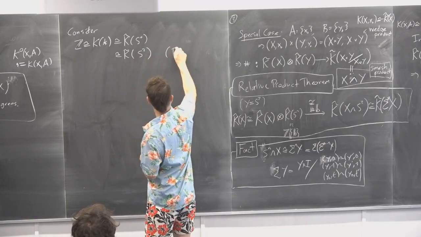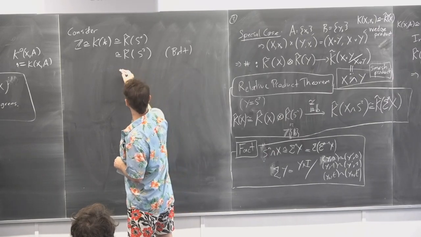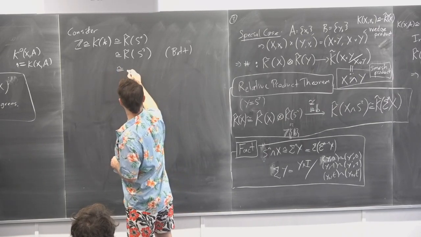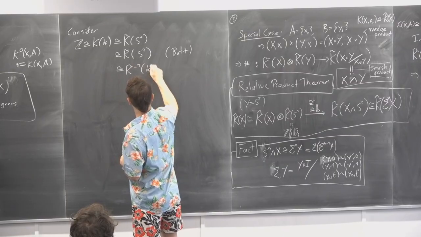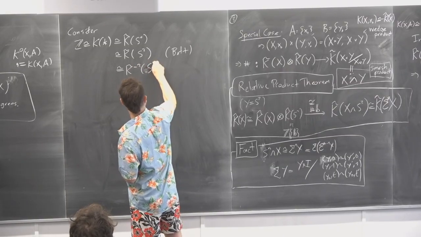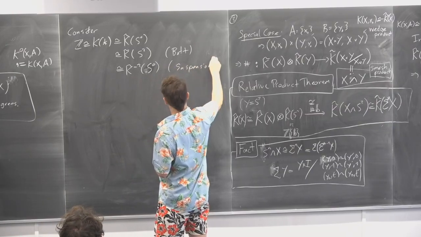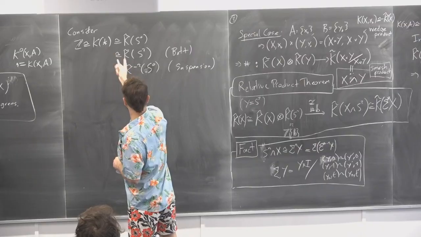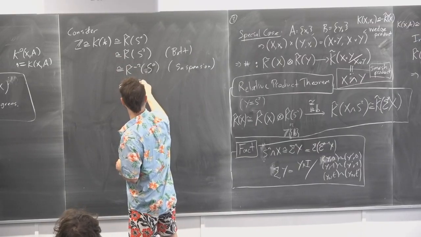So this is Bott, or rather the fundamental relative product theorem. And then with our suspension isomorphisms, we know that this is K minus 2 of S0. So this is by suspension. And we can just treat this as the unreduced K minus 2 of a point.